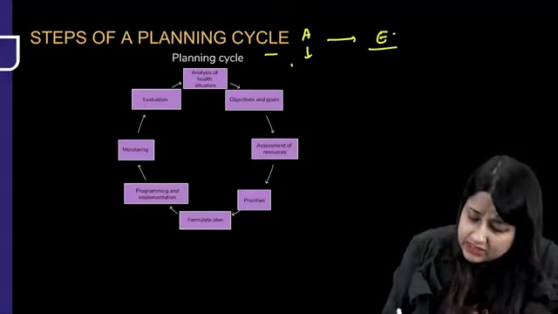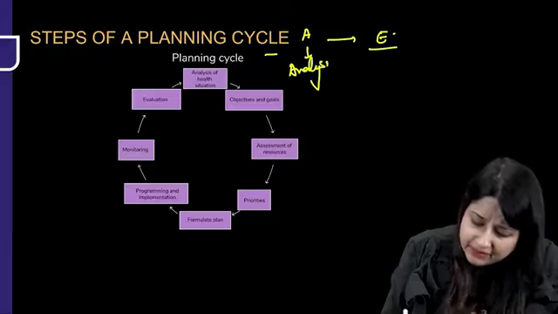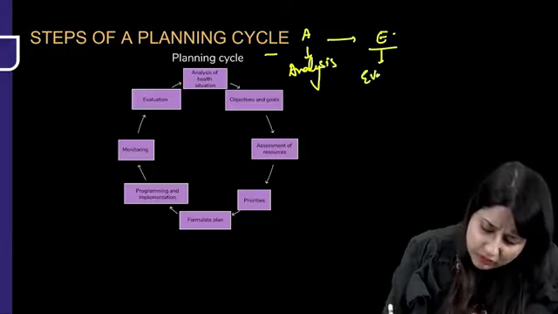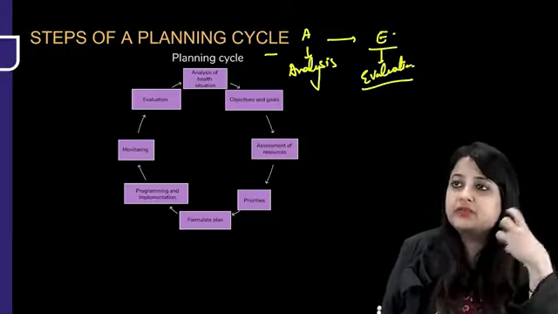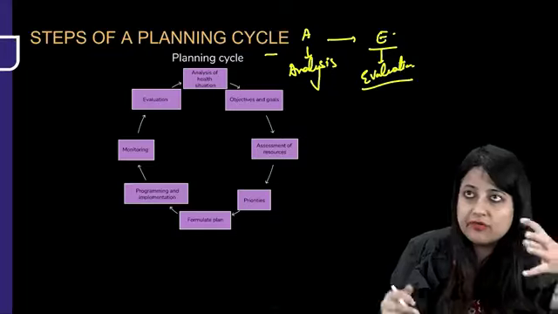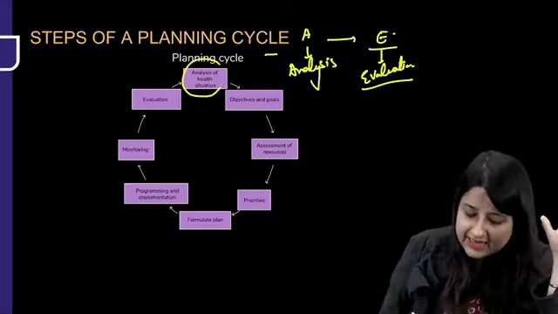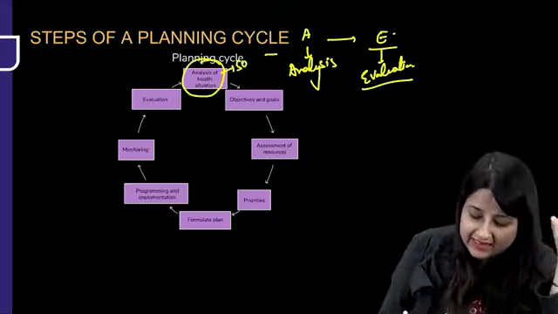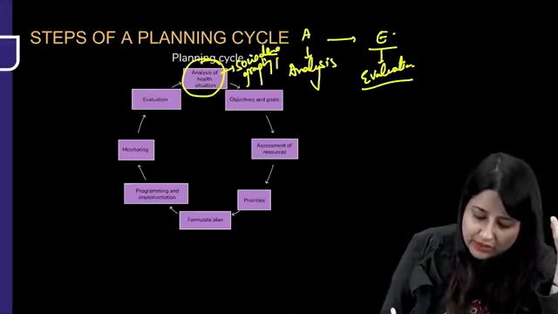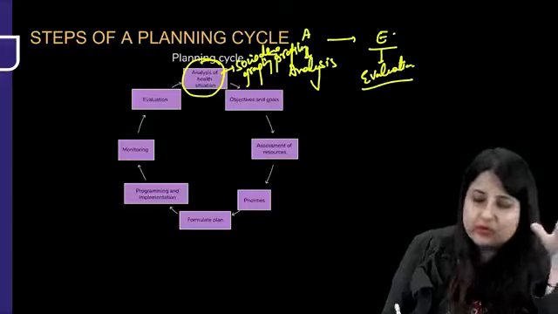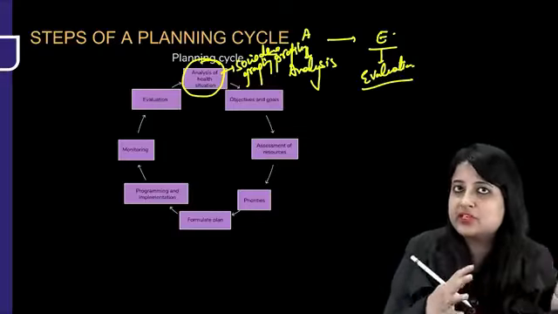A here means we have to do an analysis, and E is always done at the end, which is an evaluation. First you find out the problems of a community, that is, analyze the health situation. In this we were doing the entire socio-demographic profiling of the community, trying to identify all its community problems.